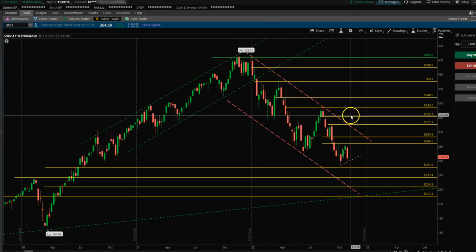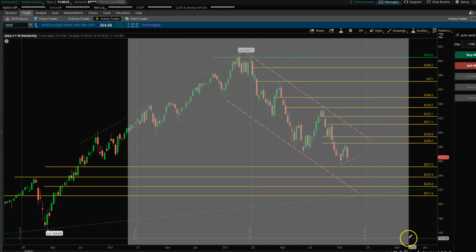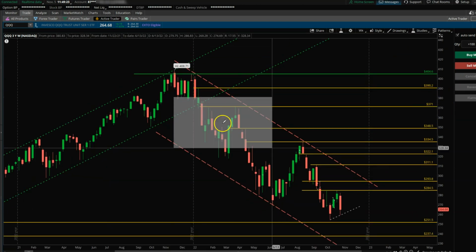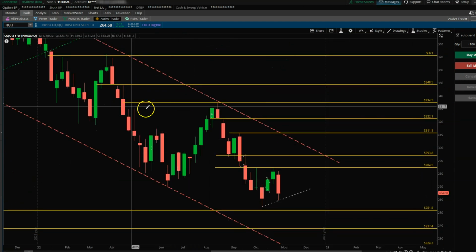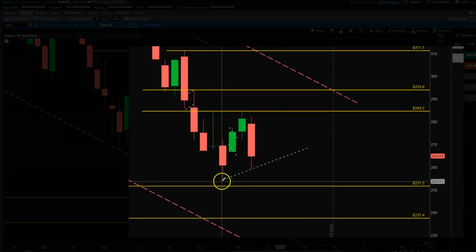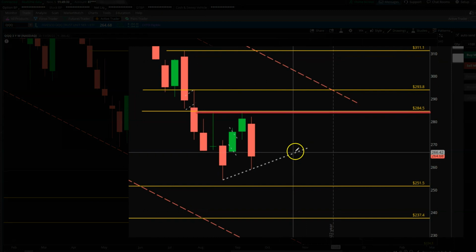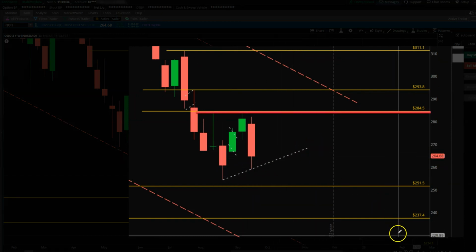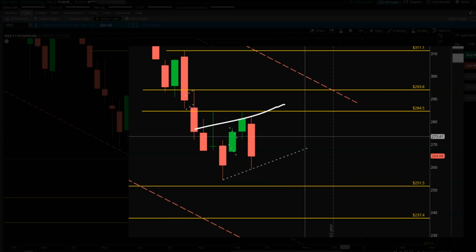Always like to start with the weekly view, still in the down channel here, right? And I'd say maybe a bear flag kind of pattern, with this trend line being the lower channel of the bear flag, right? We can have something like this that we can look into and see how it's playing out.